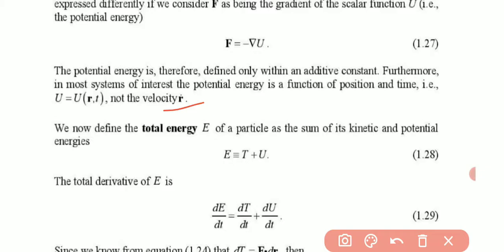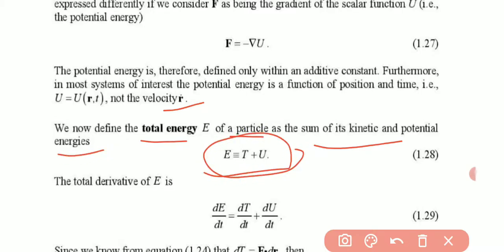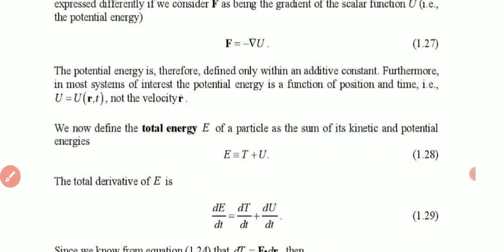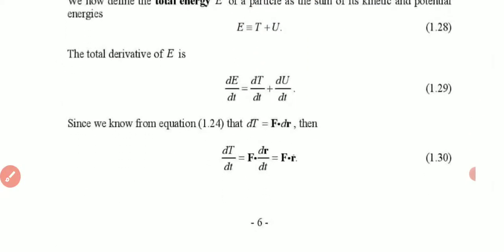We now define the total energy E of a particle as the sum of its kinetic energy and potential energy. That means E will be equal to T plus U, where T is kinetic energy and U is potential energy. The total derivative of E will be dE by dt equals dT by dt plus dU by dt, that means the differentiation of kinetic energy and the differentiation of potential energy.